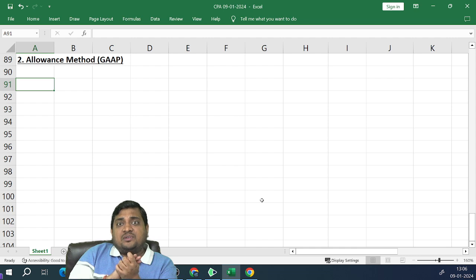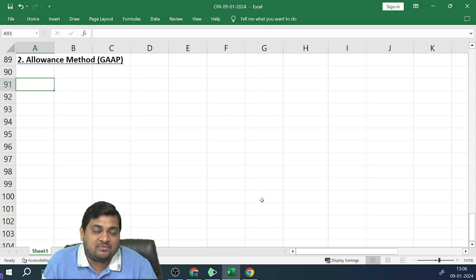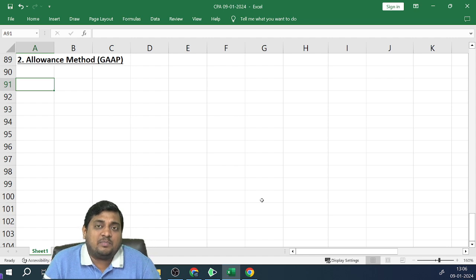Now if the customer fails to pay, right, then such loans and advances are considered doubtful. If you are paying regularly, fine enough. If you are paying principal and interest on time, every month, every quarter, every half, whatever may be the case, then there is no such problem.